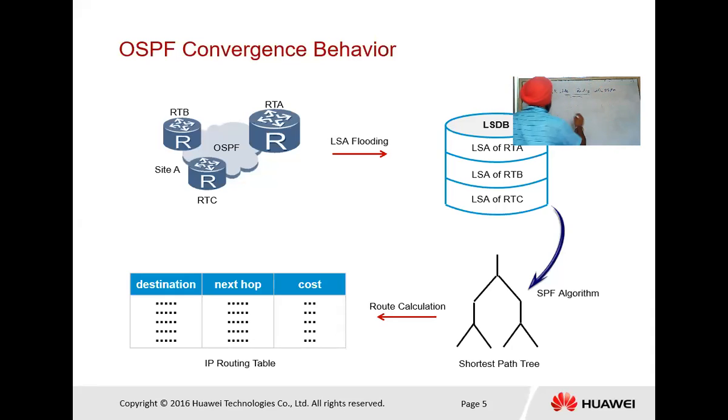Suppose we have three routers, router A, router B, and router C, and we configure them with OSPF. First is LSA flooding.